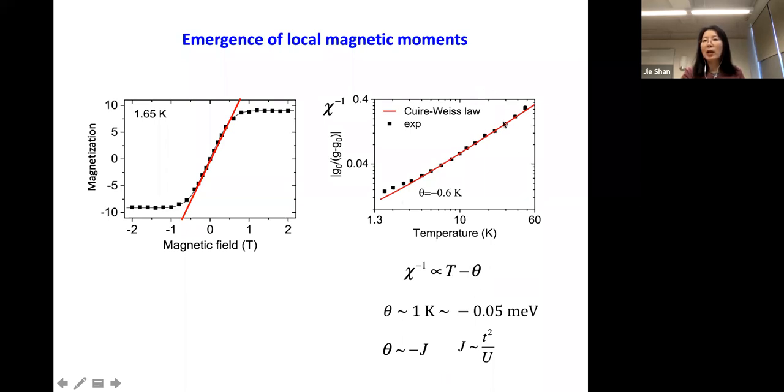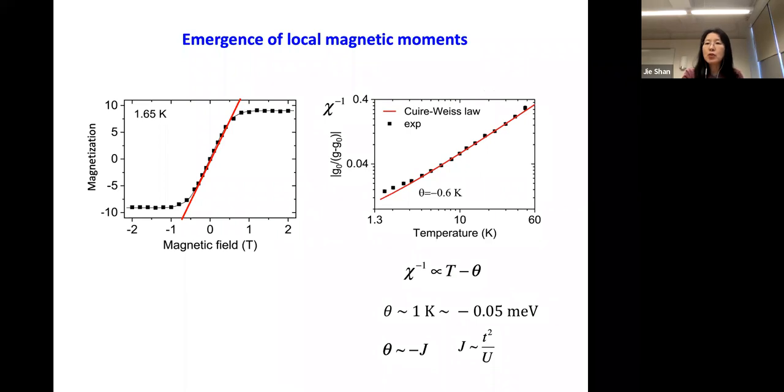It's a straight line, and if you extend the straight line, we hit some number. Sorry, there's a typo. This should be -1. So the Curie-Weiss temperature is -1 Kelvin. A negative Curie-Weiss temperature says it's antiferromagnetic interaction. If it's positive, that's ferromagnetic interaction. And it's on the order of less than 0.1 milli-electron volts.